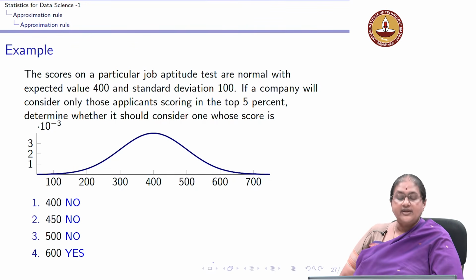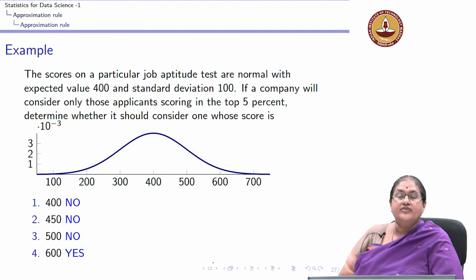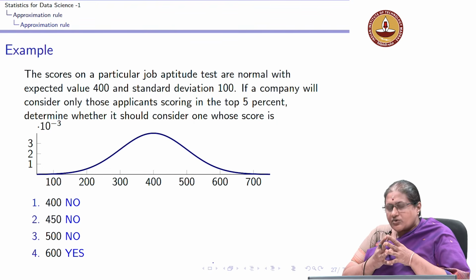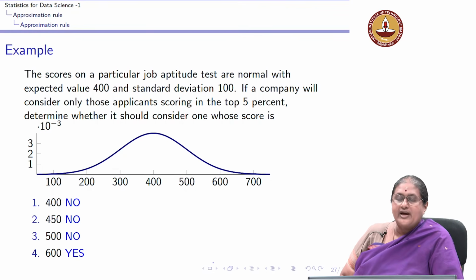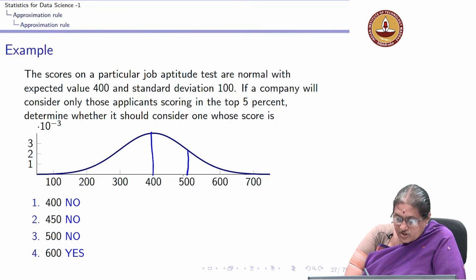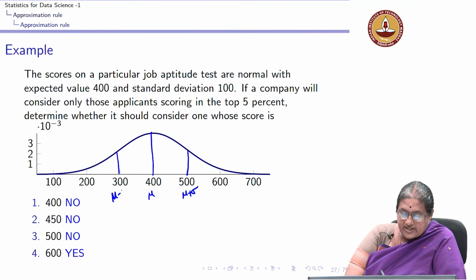Now, let us look at another application of the approximation rule. Again, we have just used the approximation rule given that my random variable is normal. The scores in a particular aptitude test are normal with mean mu equal to 400 and standard deviation 100. This is my mu, this is mu plus sigma, this is mu minus sigma.